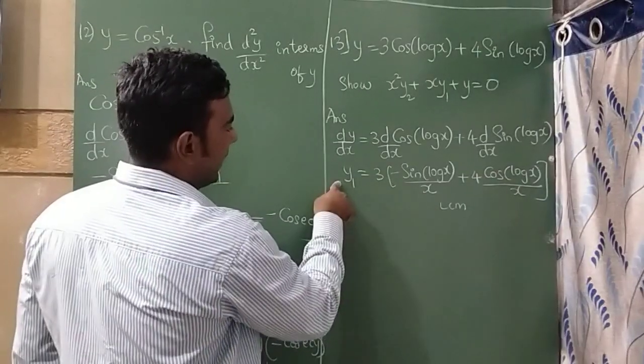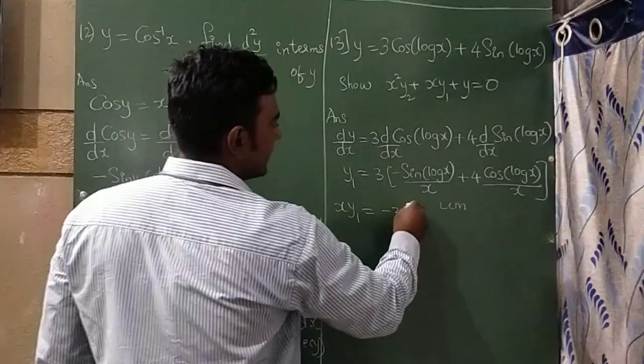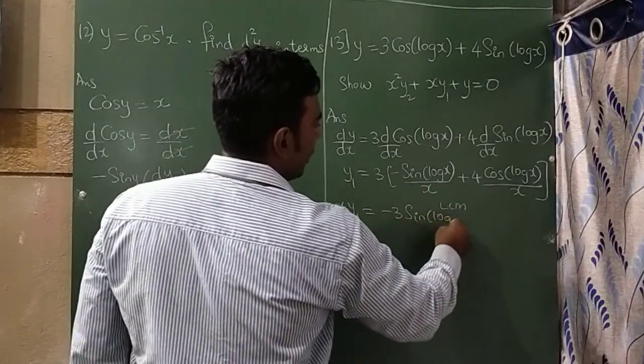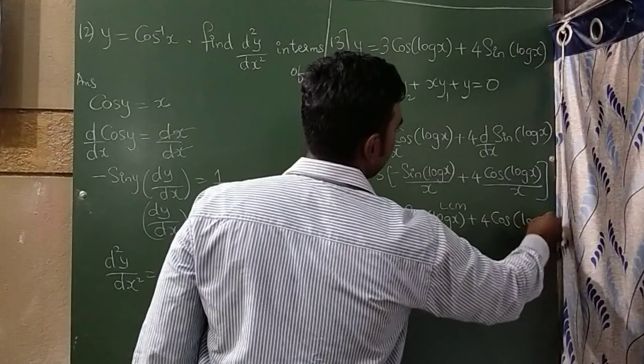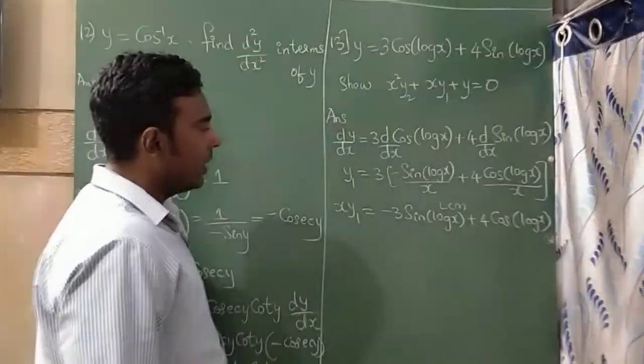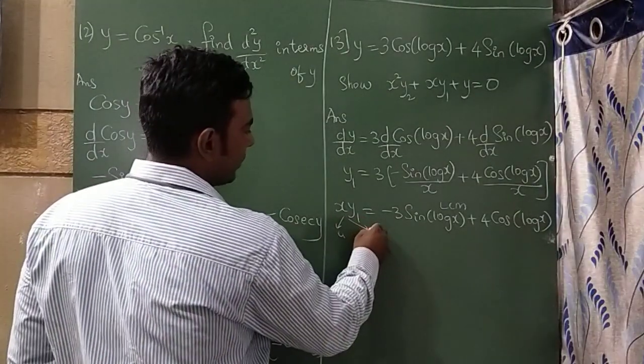So cross multiply here, so it will become x y1 is equal to minus 3 sin log x plus 4 cos log x. Fine. Again I need to differentiate this. So this will become u and this will become v.